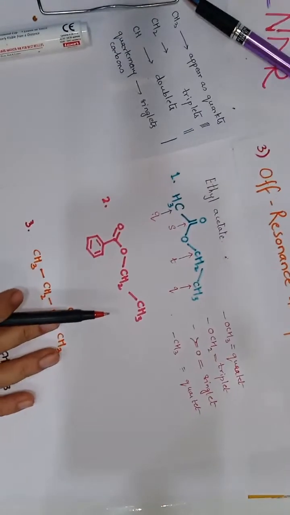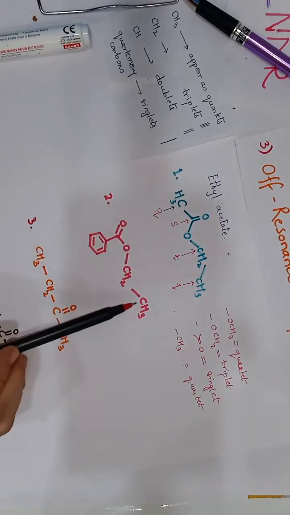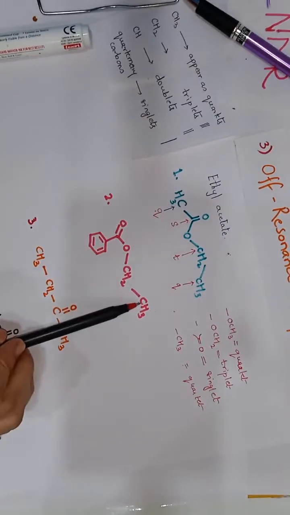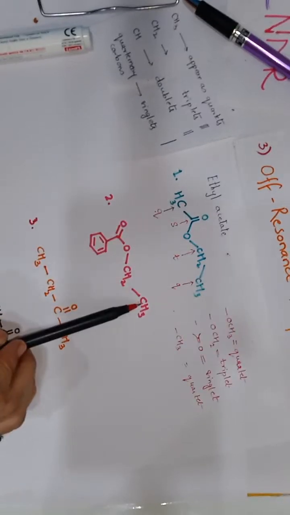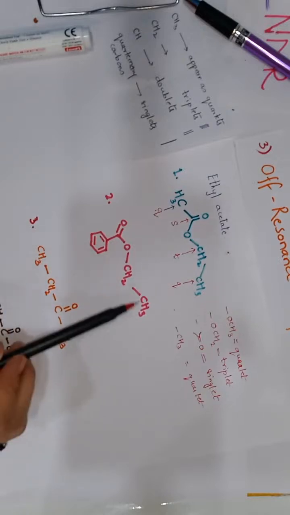Let us do another example. C2, 2 carbons. Therefore, it is an ethyl attached to a benzene ring.